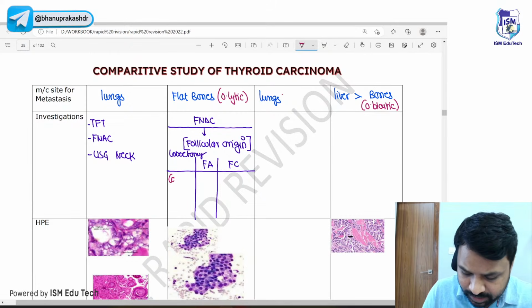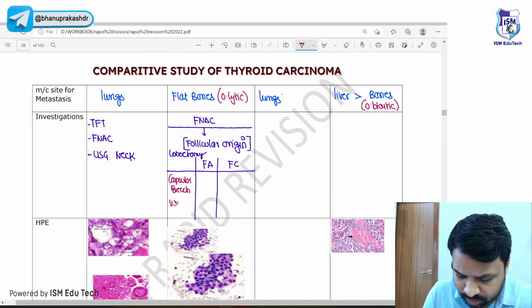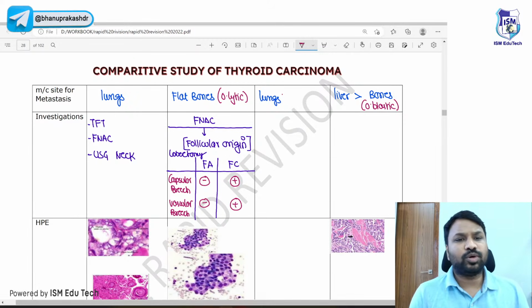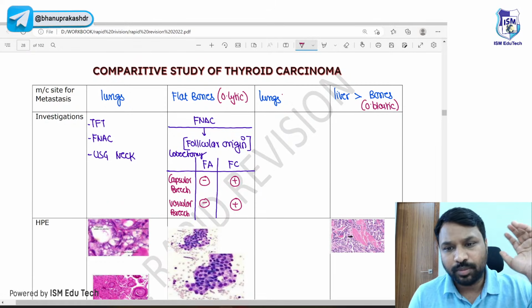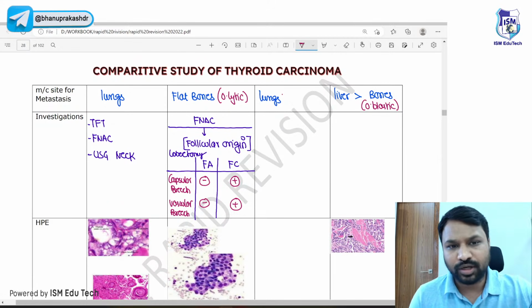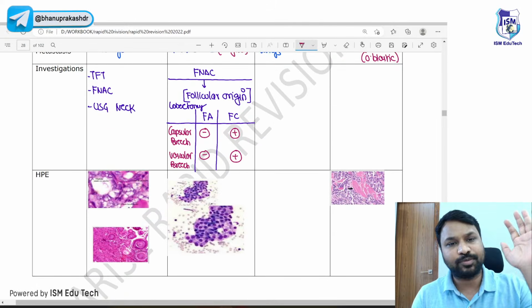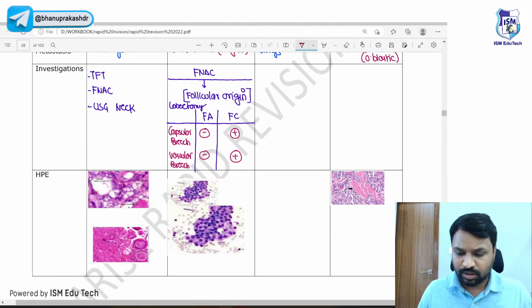Number one, it is the capsular breach and the vascular breach. In follicular adenoma, there is no capsular or vascular breach. In follicular carcinoma, it is associated with both capsular as well as vascular breach. The only way you can differentiate between a follicular adenoma and a follicular carcinoma is presence and absence of capsular and vascular breach, right?